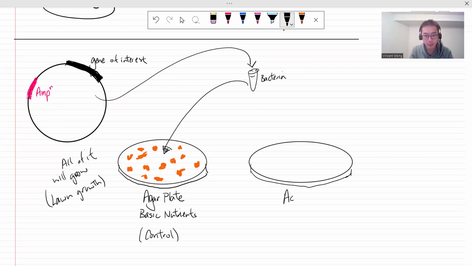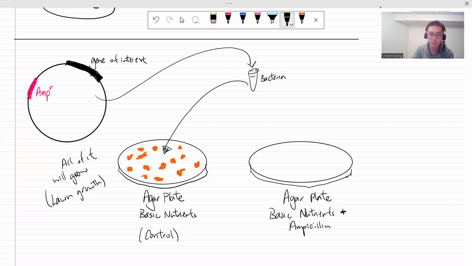This is the agar plate. But this time there are basic nutrients plus ampicillin.